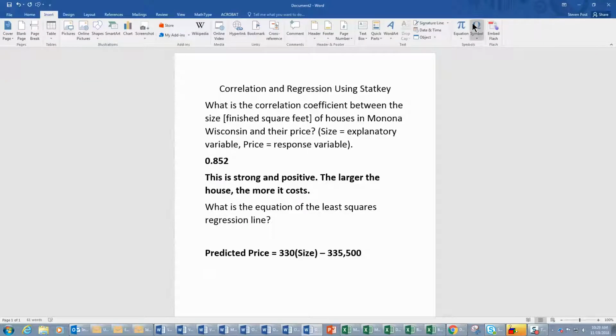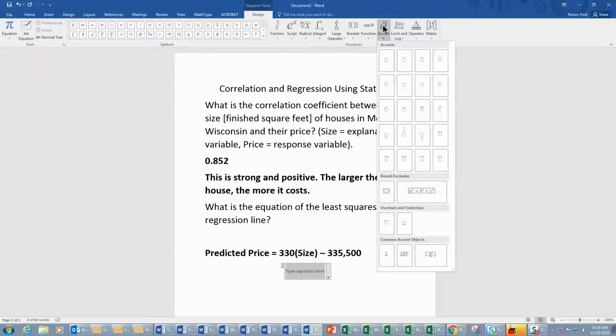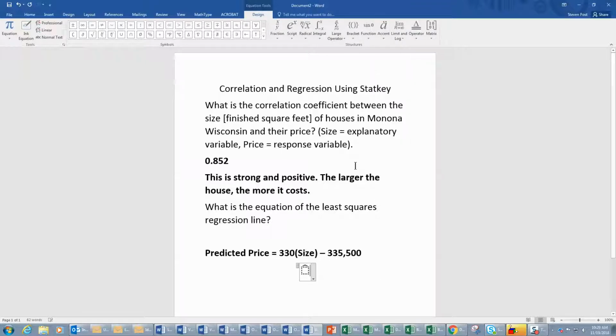Or another format for the same thing, we'll use the formal symbols. Y hat. So the hat means that it's not the price, but the predicted price, equals 330x minus 335,500. Y hat equals 330x minus 335,500.